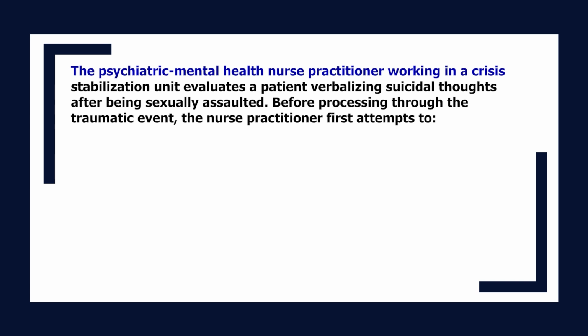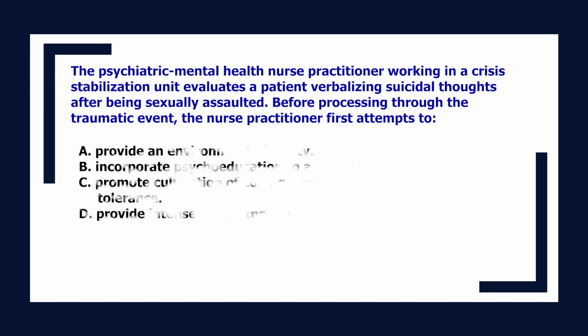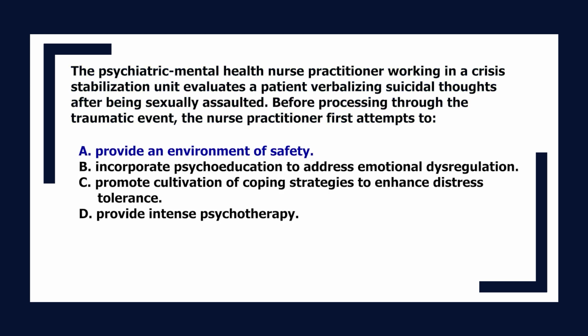The psychiatric mental health nurse practitioner working in a crisis stabilization unit evaluates a patient verbalizing suicidal thoughts after being sexually assaulted. Before processing through the traumatic event, the nurse practitioner first attempts to A. Provide an environment of safety.